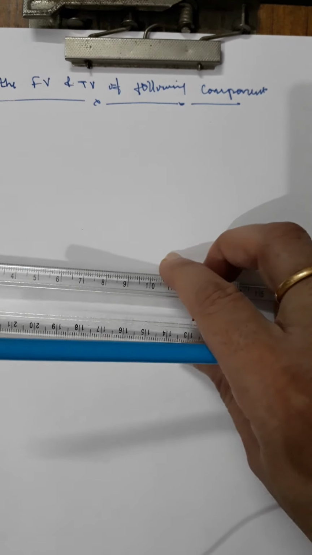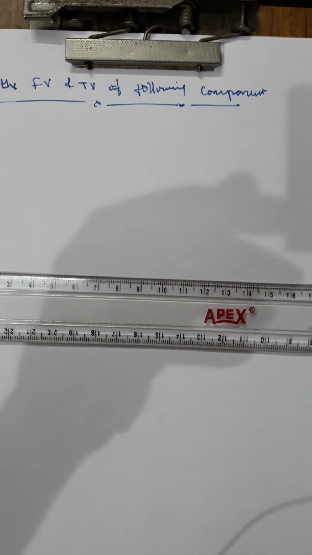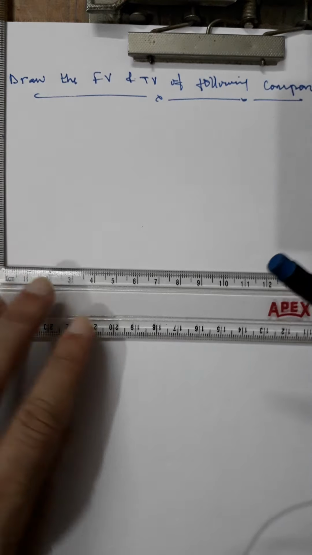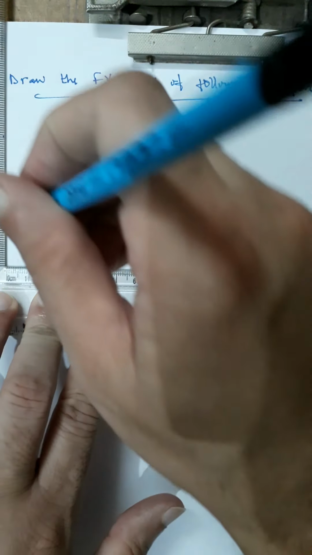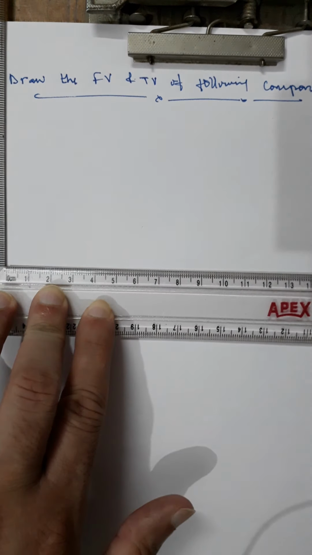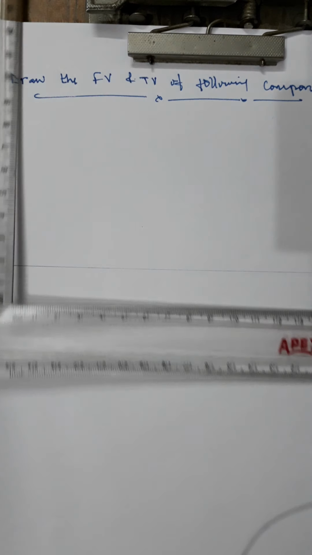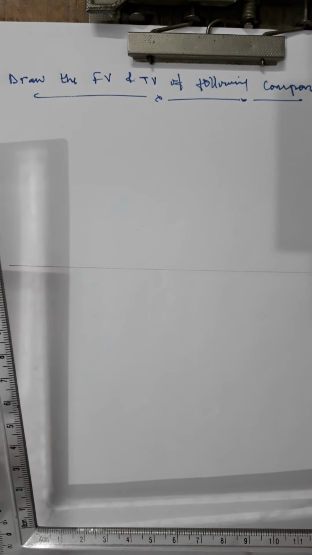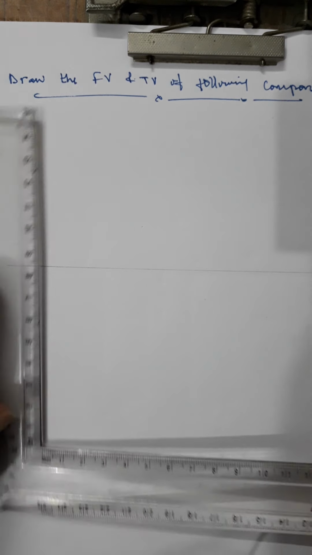Here first you need to draw the XY line. So this is the XY line. Now I will take a suitable distance above XY, so it is 10 mm I am taking.